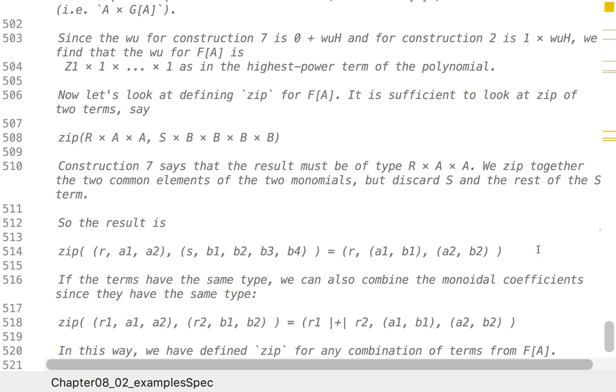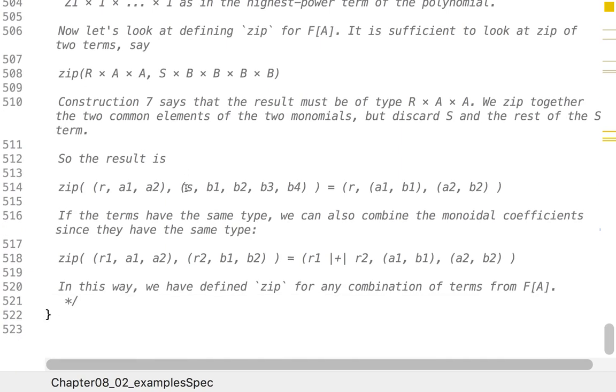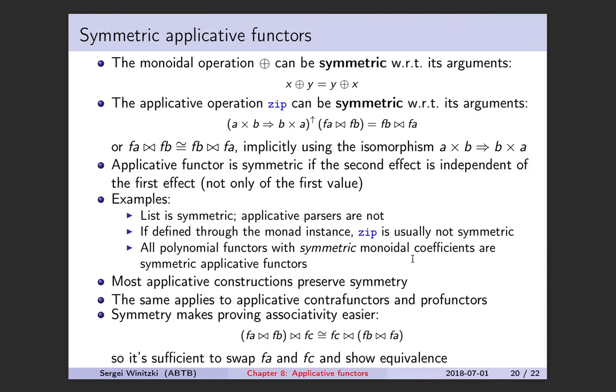Now the polynomial one is symmetric because it basically combines elements like this. And so if you put this first, it doesn't matter. We'll still take these two and combine with these two. So similarly here. So the typical polynomial functor with symmetric will be with symmetric monoidal coefficients, like the integer, which is a symmetrical monoid, Boolean, or symmetrical monoid.